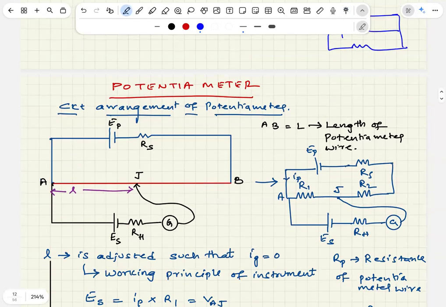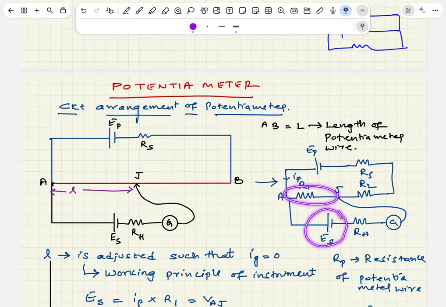But depending upon the place where you are placing J, there is a possibility that the potential drop across this is exactly the same as the EMF of this cell. I repeat, depending upon the place where you are placing J, because this is a uniform wire, don't forget.